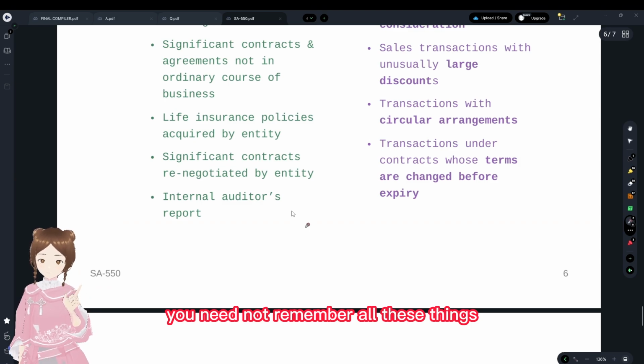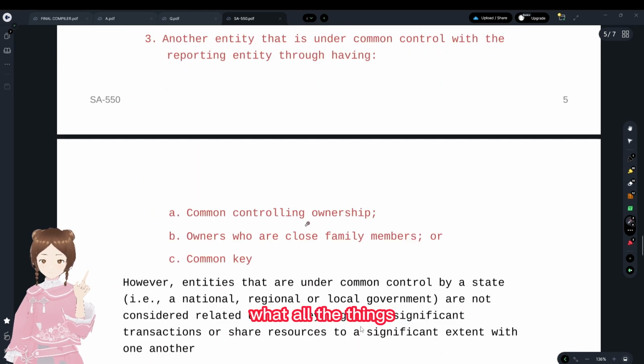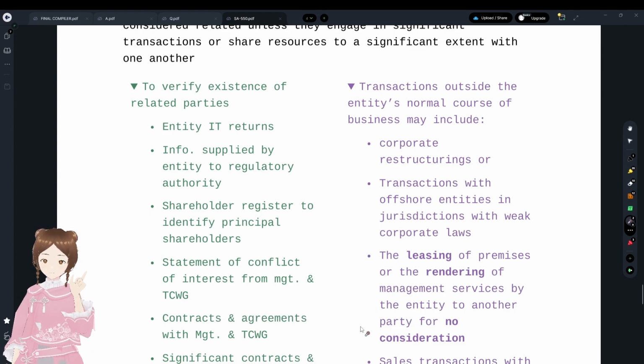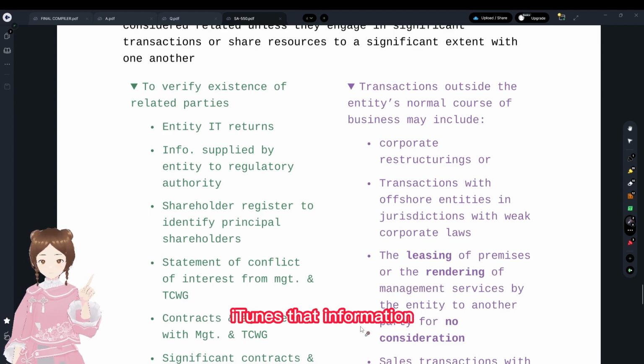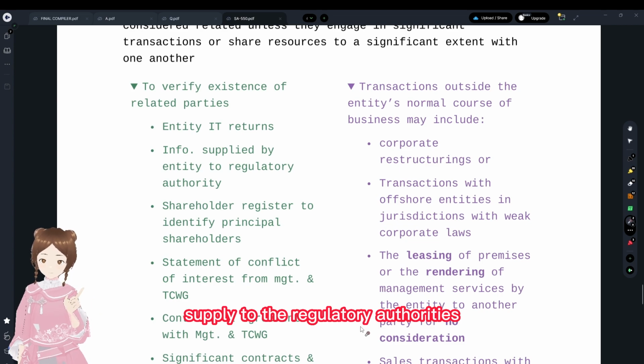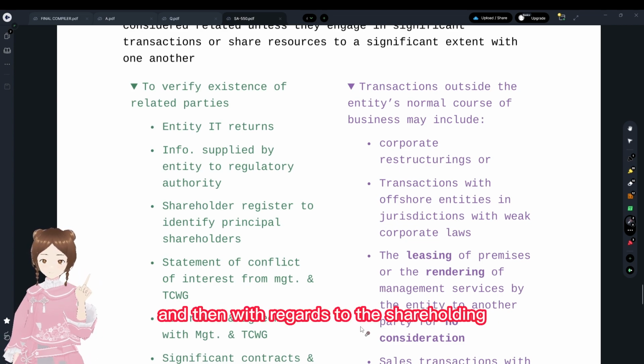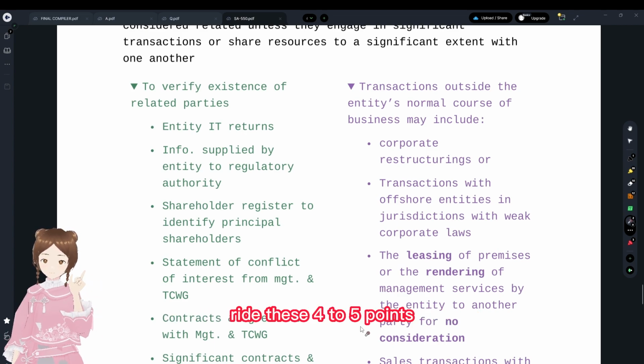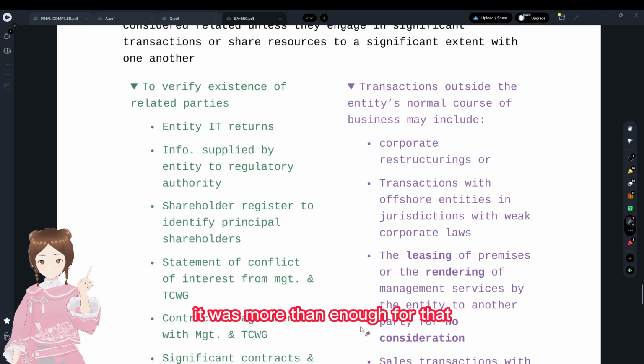You need not remember all these things. To remember: all the regulatory requirements, income tax returns, information supplied to the regulatory authorities, and then the shareholding and some significant contracts, etc. Write these 4 to 5 points. That is more than enough.